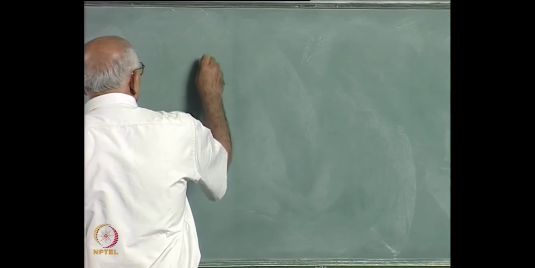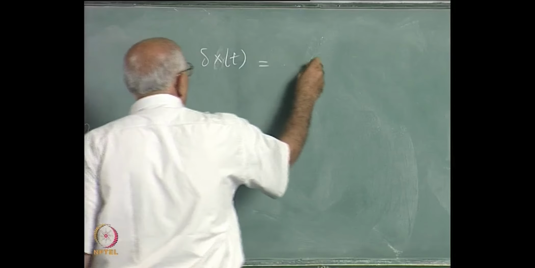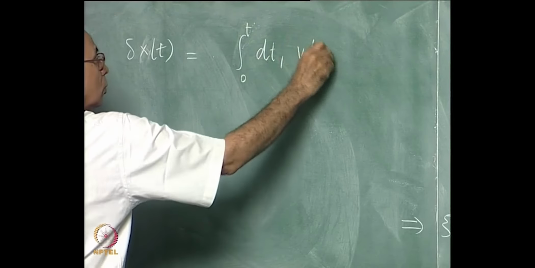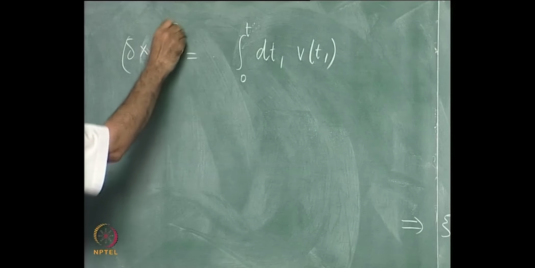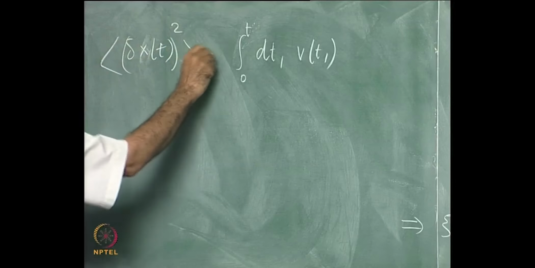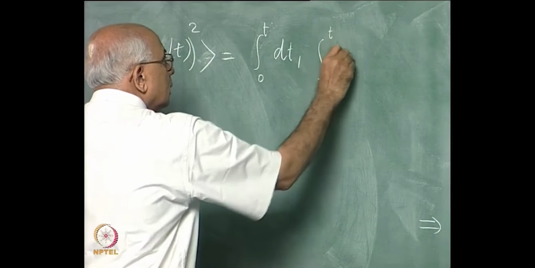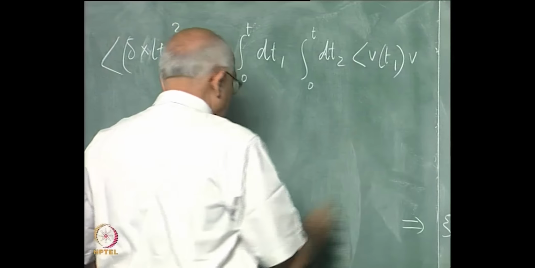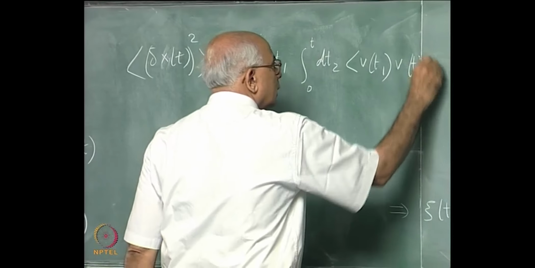So all we have to do is to start with the statement that the displacement in a time t is in fact the integral of the velocity over that time, and then if I compute the square of this and average, this gives me the integral from 0 to t dt1, integral from 0 to t dt2, of the average of v of t1 v of t2.